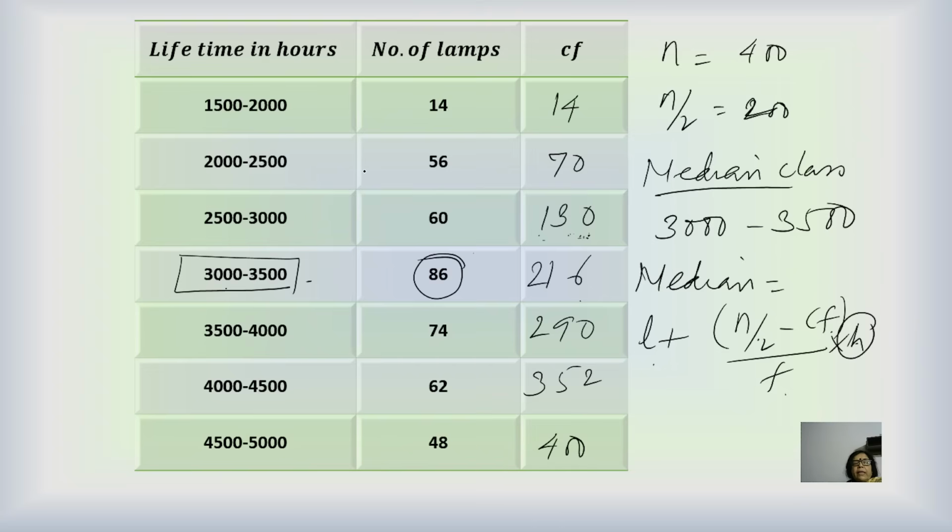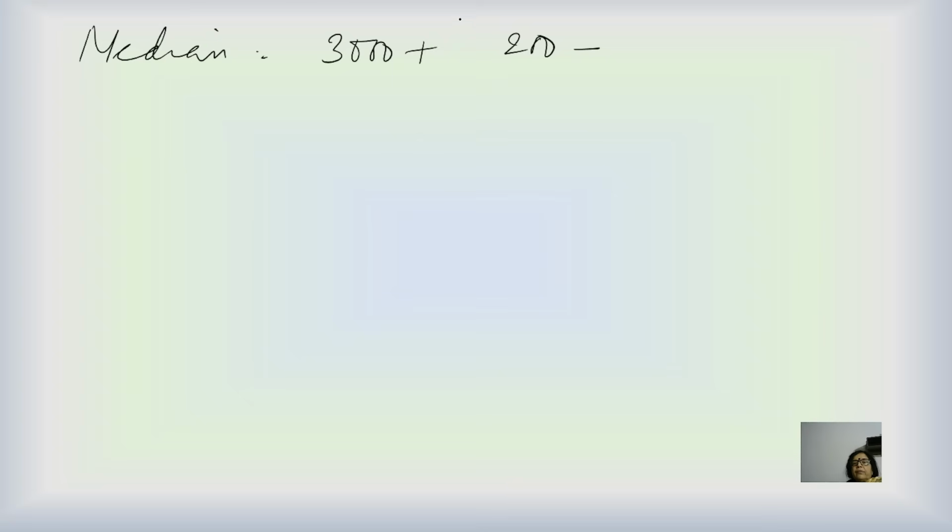So now we'll put the values in this formula and find out the median. So median is equal to L, that is 3000, plus n by 2, that is 200, minus cumulative frequency of the preceding class, that is 130, divided by the frequency, which is given as 86, and h is 500.